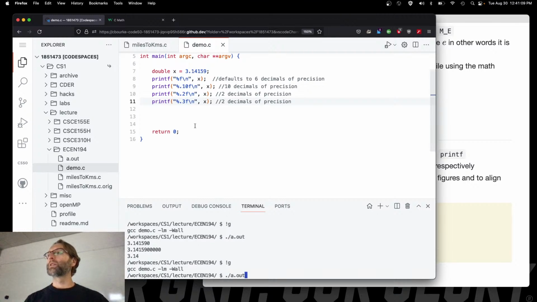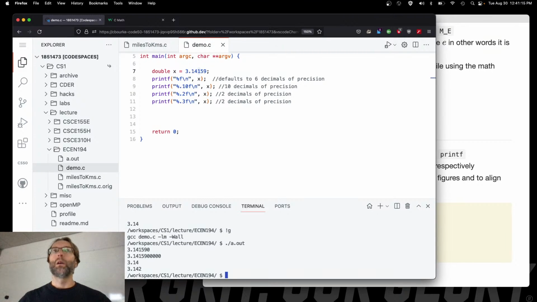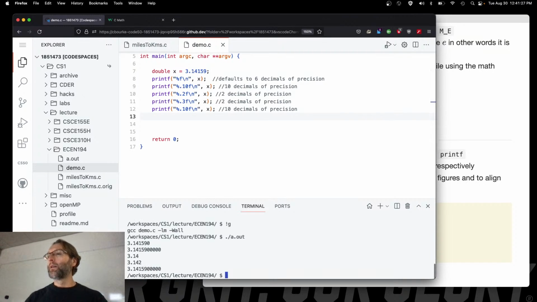Well, what's the next decimal here? 1 or 2. It ends up being 2. Deduce. What did it end up doing to the number? It ended up rounding it. Did it change it? Let's find out. Let's print out more decimals of precision after that. Did it change the number? No. It only rounded it for the formatting of the output.